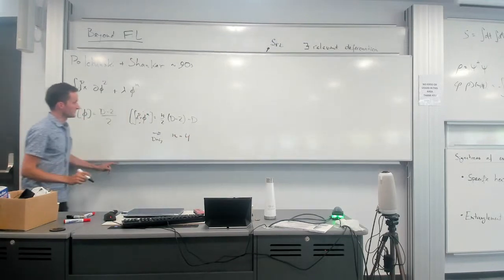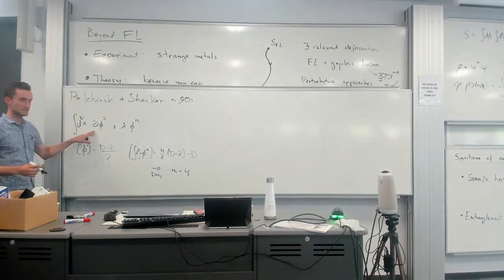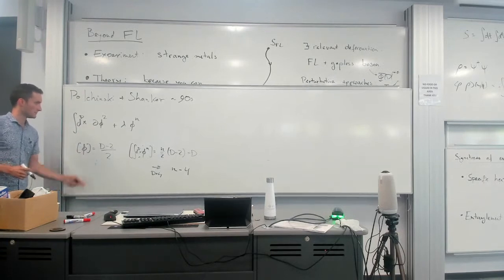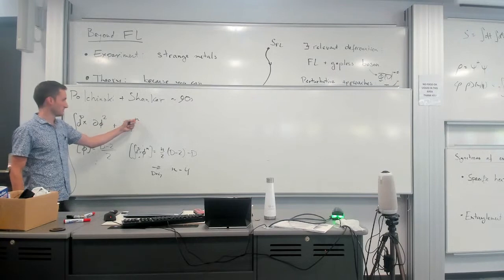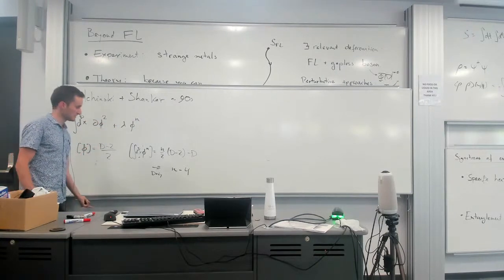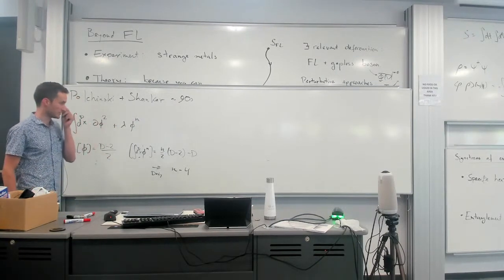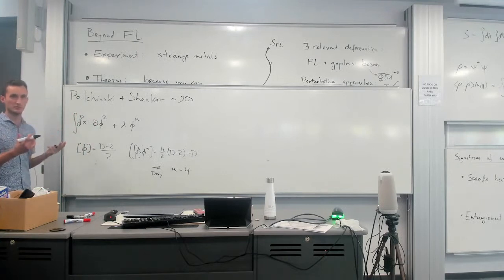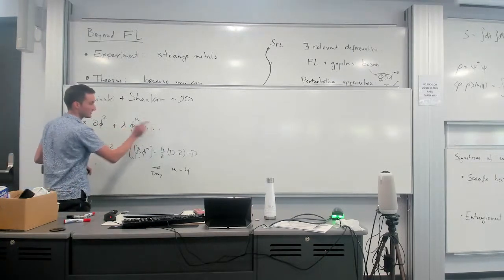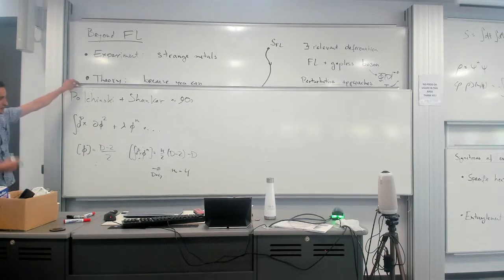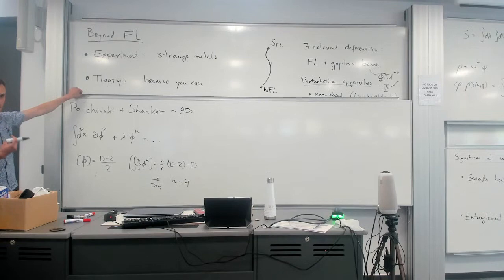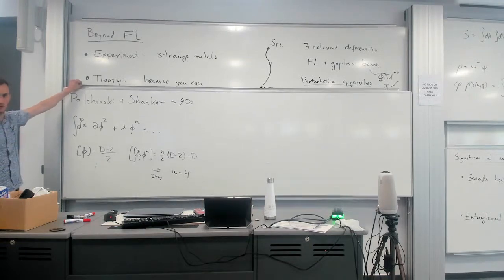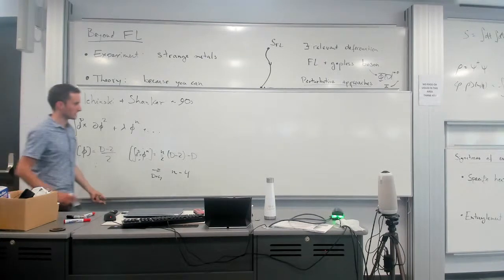This is how you figure out that in 4 dimensions phi 4 is marginal at tree level. If n is smaller than 4, it's relevant, meaning it grows, and if it's larger, it's irrelevant. So if all your couplings are irrelevant, you have a controlled effective field theory. Effective field theories usually have an infinite power of irrelevant interactions. And if you have even just one relevant interaction, this typically means that you're going to lose perturbative control at low energies, because this interaction is going to give larger and larger corrections.